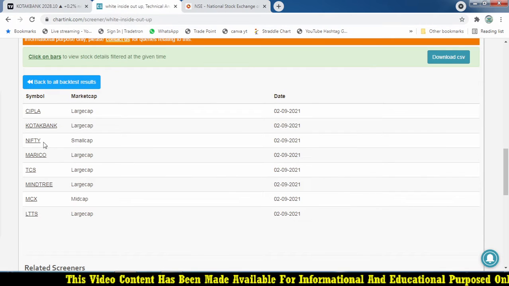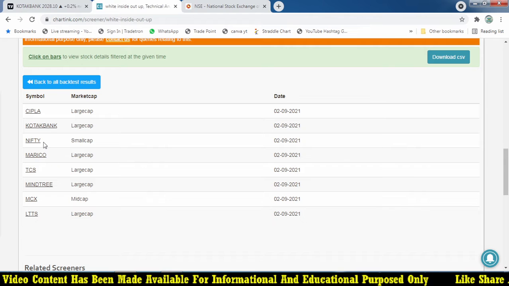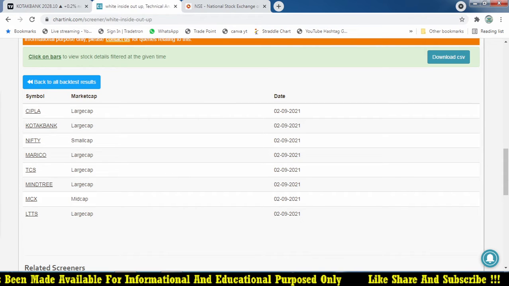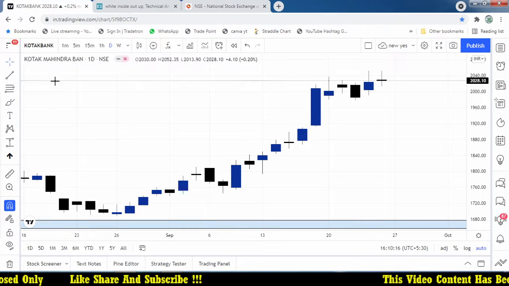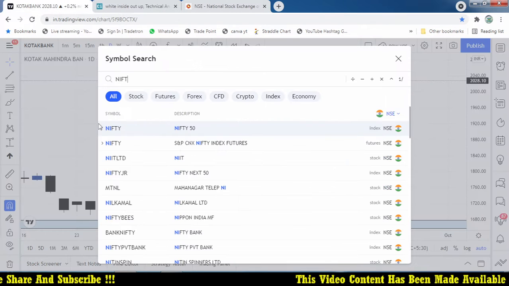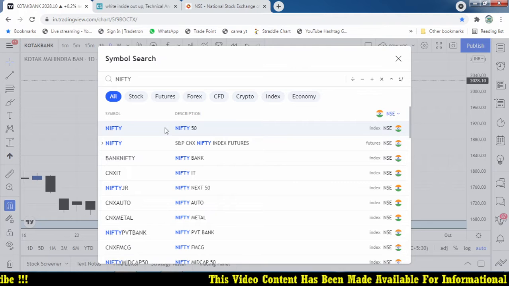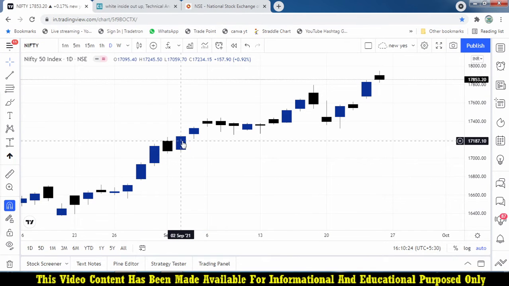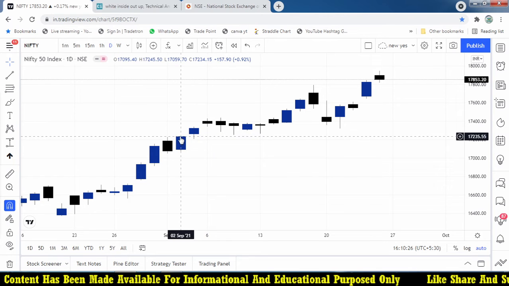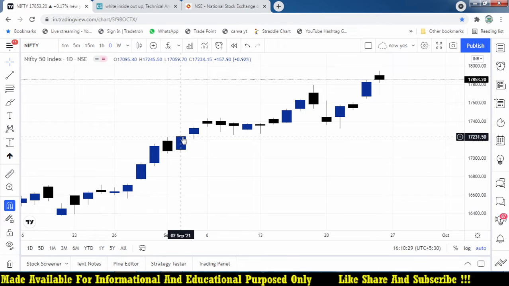And what happened on the next stock, Nifty? The second one should be the Nifty. Nifty also we can check, and Nifty rallied very big. You can also try with the Nifty and backtest. I think on the second, there is a candlestick and the breakout level should be 17,200.